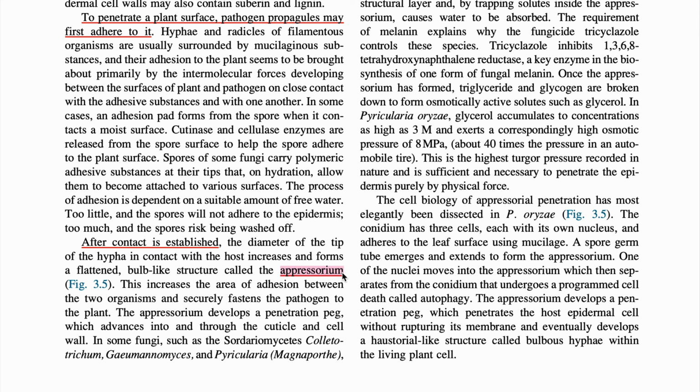In these cases, penetration of the plant cell takes place only if melanin accumulates in the appressorial cell wall. What is melanin? It is a polymeric black pigment. So, whenever melanin is present, it helps in the penetration of the given pathogens. Okay.